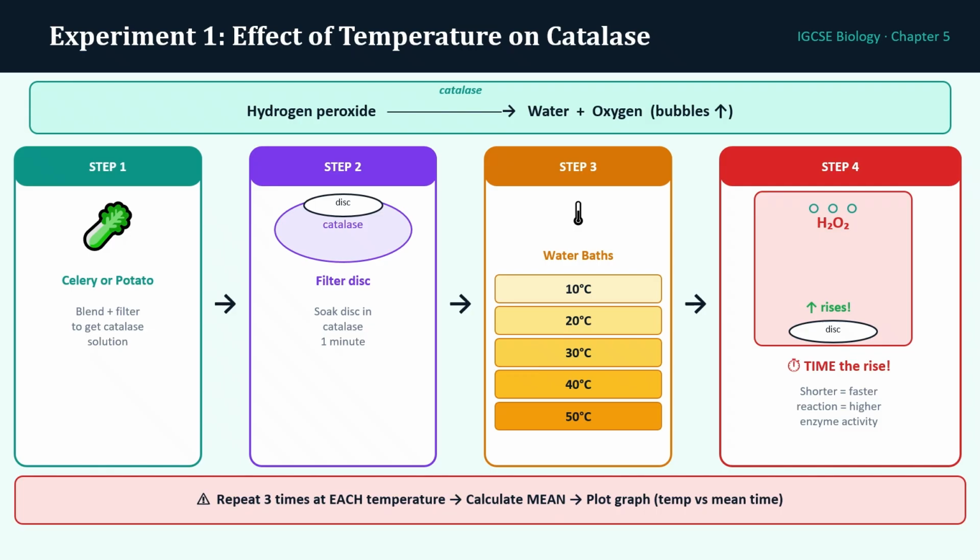Most importantly, you have to repeat 3 times at each temperature and calculate the mean value. This reduces anomalous results and increases reliability. After that, you can plot your graph by taking temperature on the x-axis and time on the y-axis.